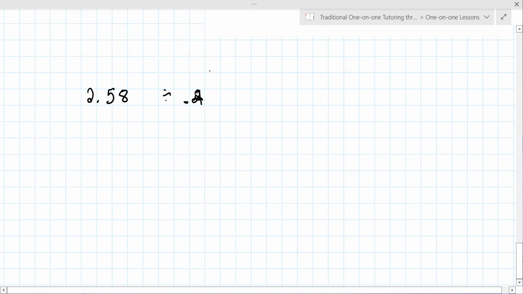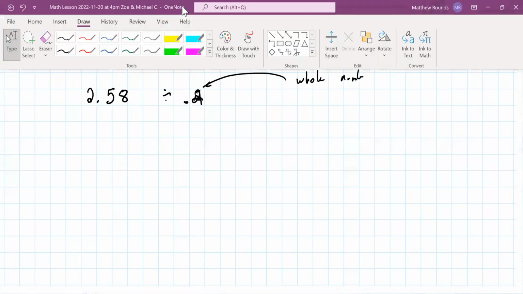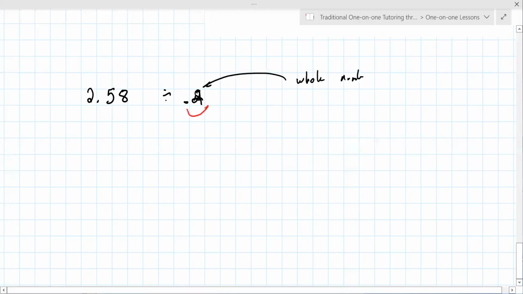So just like the last problem, this 0.2 is problematic, right? It really should be a whole number, or we want it to be a whole number. You can do that by moving the decimal on both of these. So we move it to the right on both.